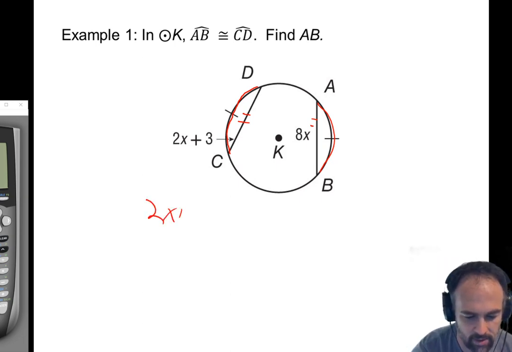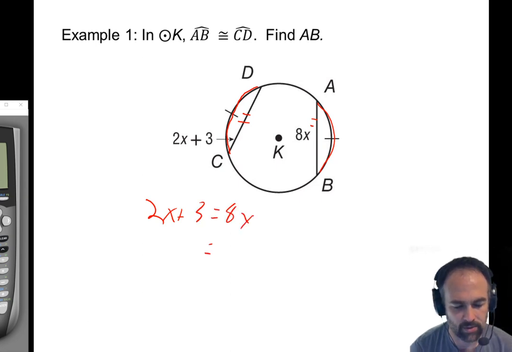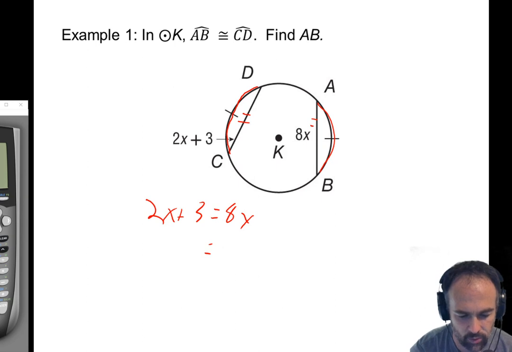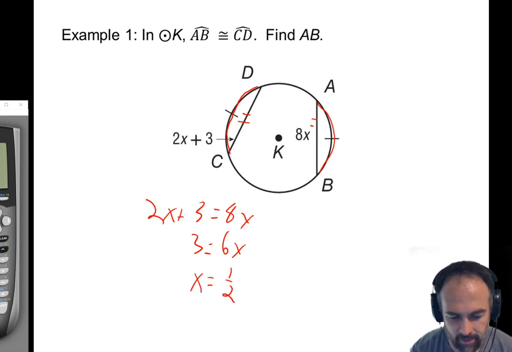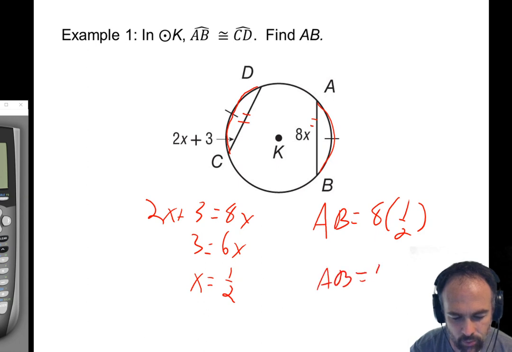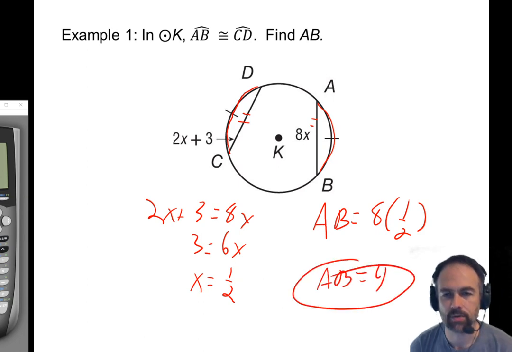Therefore, 2x plus 3 is equal to 8x. Now we're just going to solve through. Subtract 2x on both sides gives me 6x is equal to 3. Dividing through gives me x equals 1/2. Now if I want to find the length of AB, I've got to plug that back in. 8 times 1/2 gives me AB equals 4.